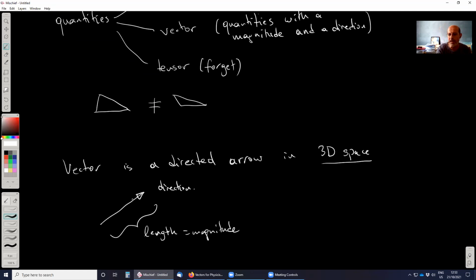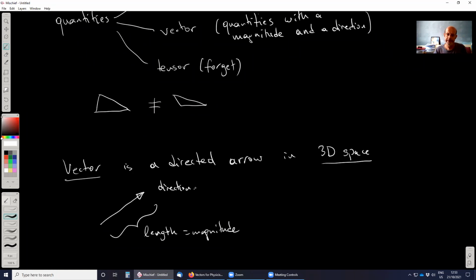I'm going to multiply this geometrical shape with a number and say that this is another directional arrow. So we are going to define mathematical operations like that. Probably you haven't done any operations like that with triangles, because nobody has found the necessity of defining such operations. But for these directed arrows, we are going to define them. So think of it like that.